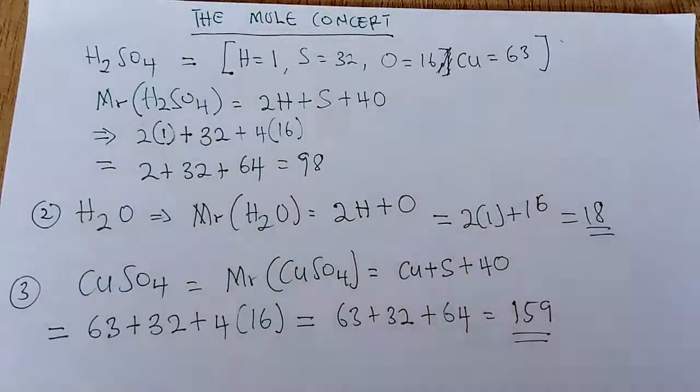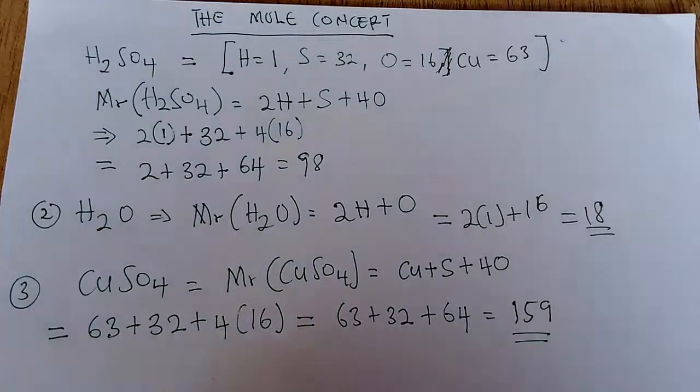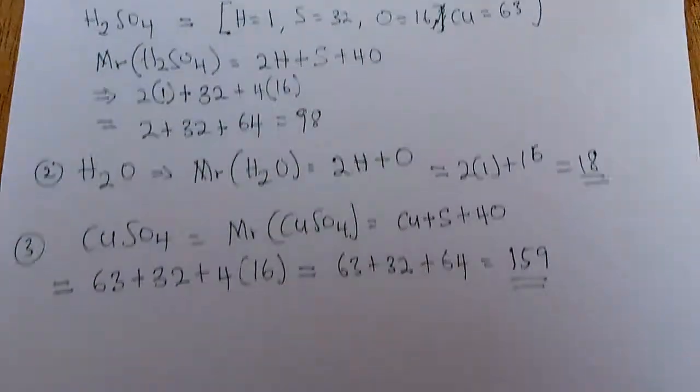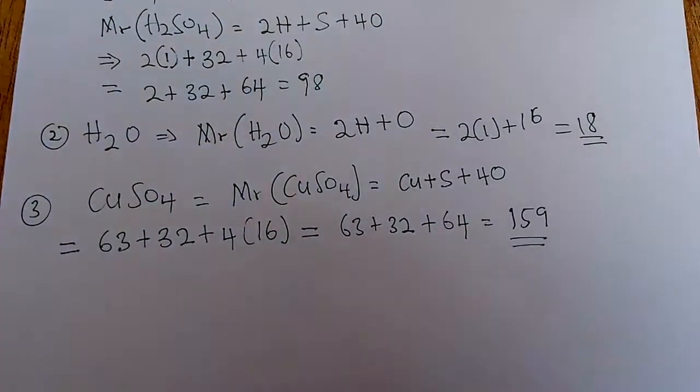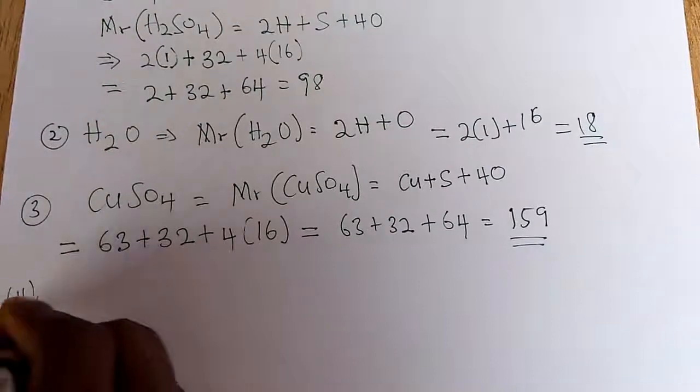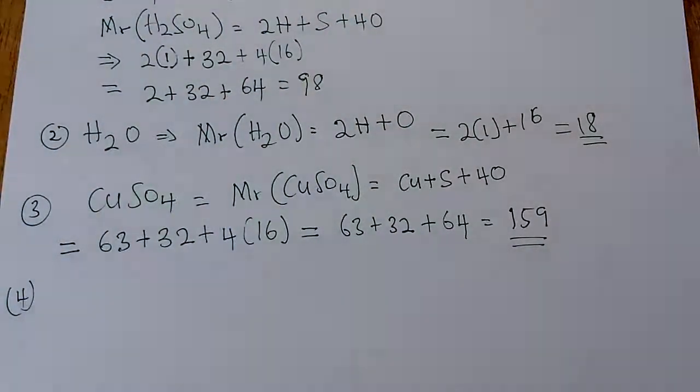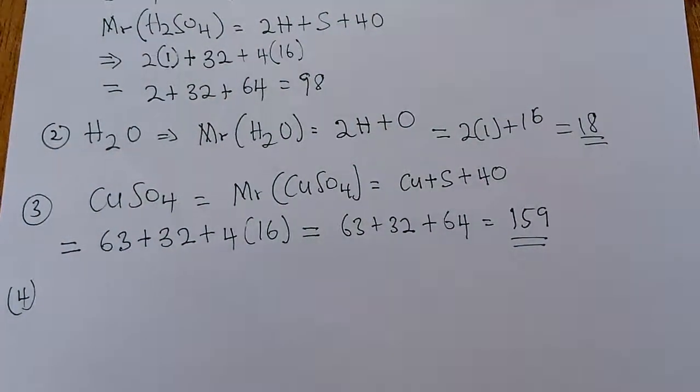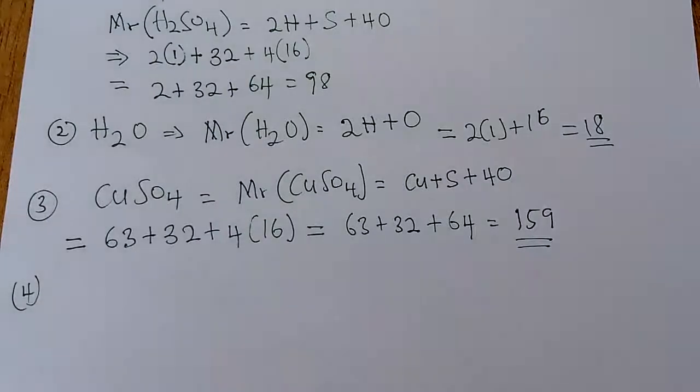And this is the relative molecular mass of copper sulfate. Okay, so let's take our last example here. And I know by this last example you'll be very good to go and solve any questions on relative molecular mass.